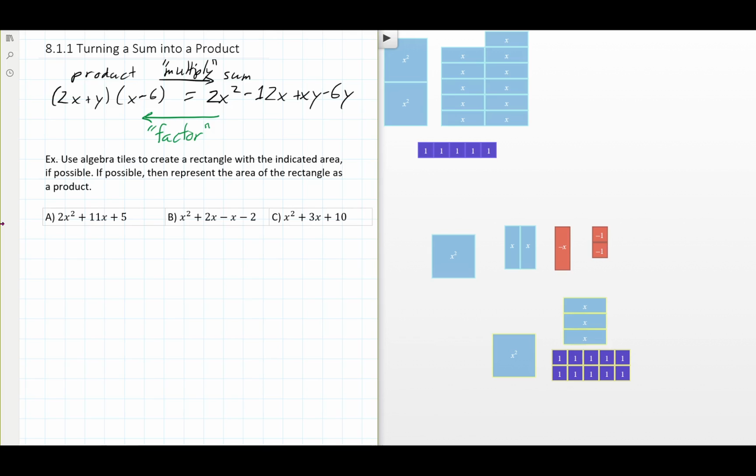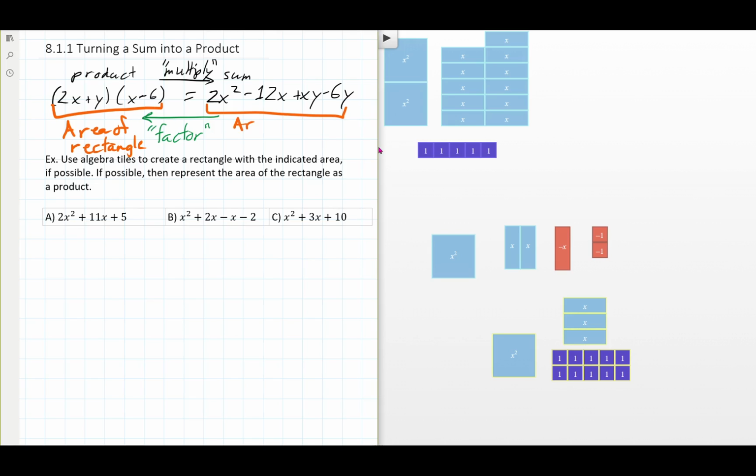One last bit is that in both of these examples, in this model, we call it using the area model, because both of these represent the area of a rectangle. The product is simply the base times the height, whereas the sum here is just if you break the rectangle up into a bunch of little rectangles, which we can see with the algebra tiles over here.